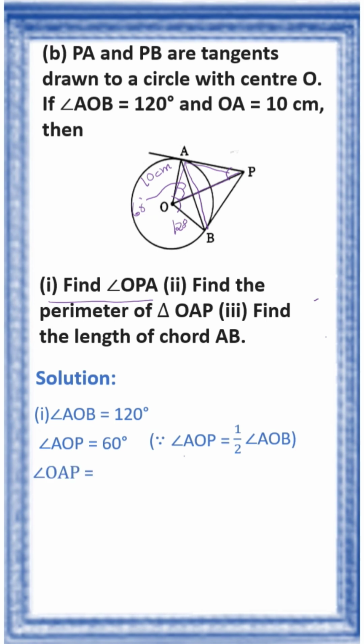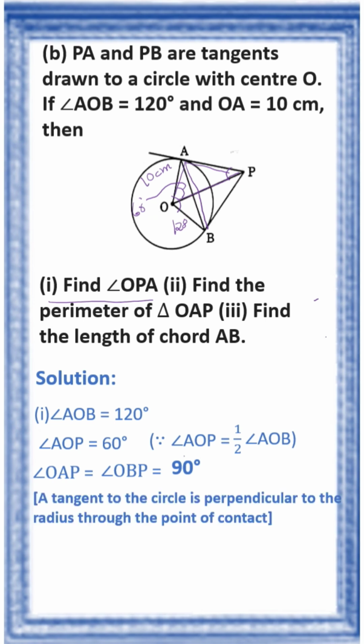Angle OAP is how much? Angle OBP, that is equal to 90 degree. Why? A tangent to the circle is perpendicular to the radius through the point of contact. This one is 90 degree, this one is also 90 degree. Look at the figure.